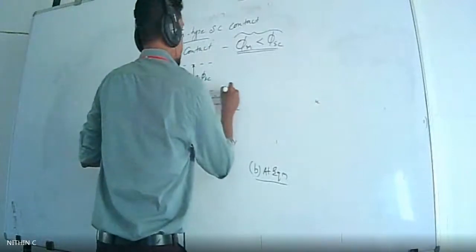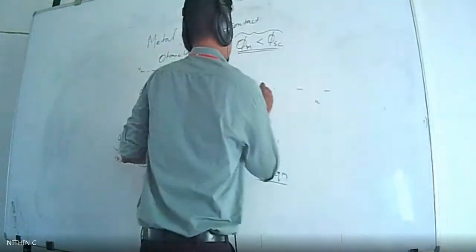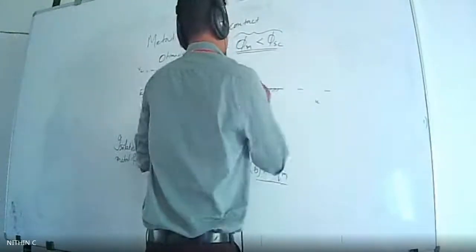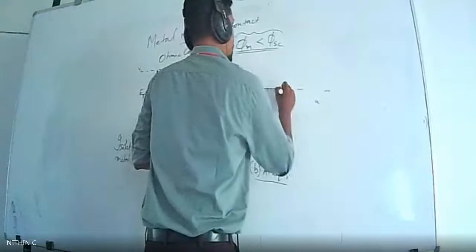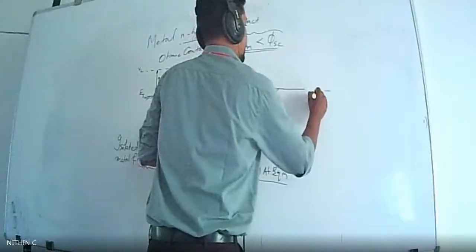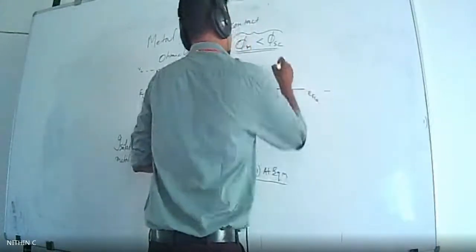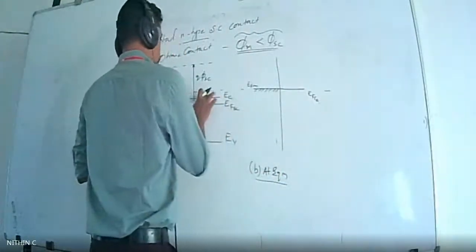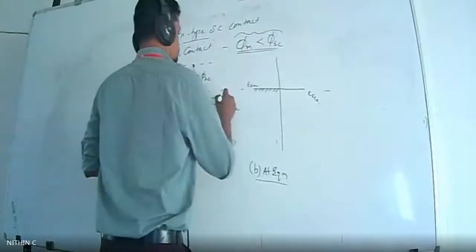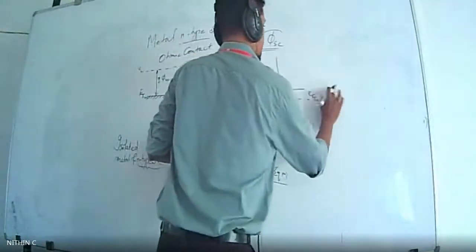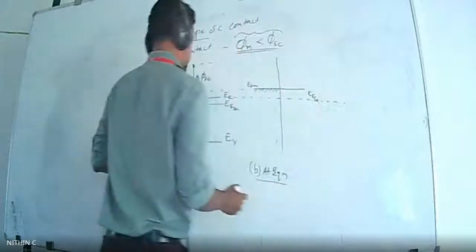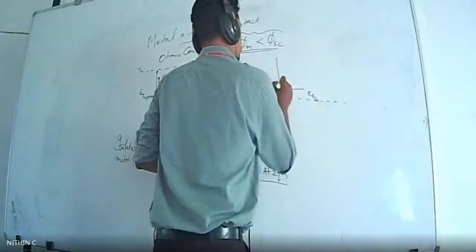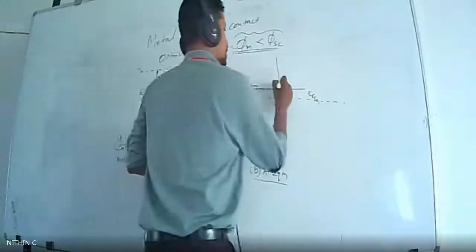EFM should be on the same line as I told before. You have EFM, EFSC, and the junction over here, and we extend this EC, just as in the figure we drew earlier. Just extend EC, and the EC position shifts, so that it will come over here.